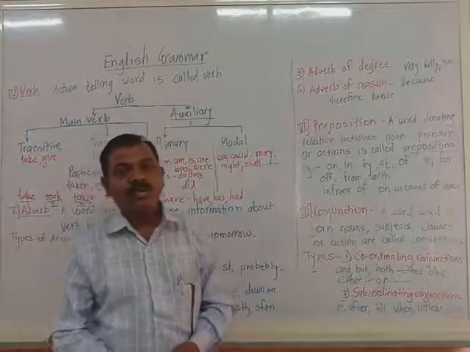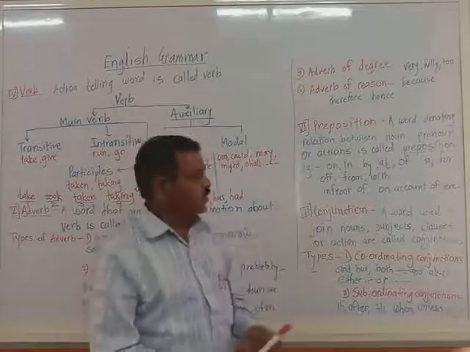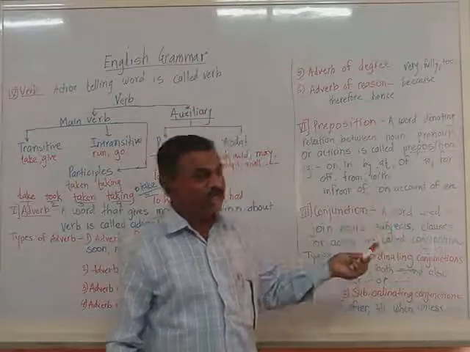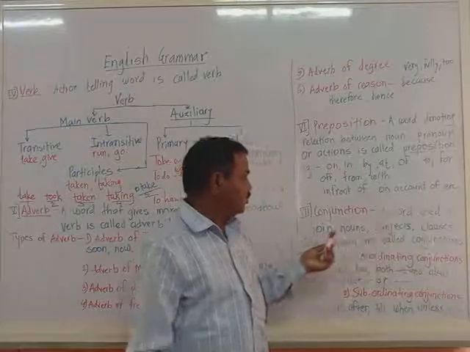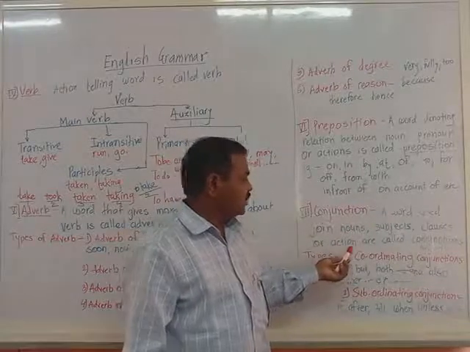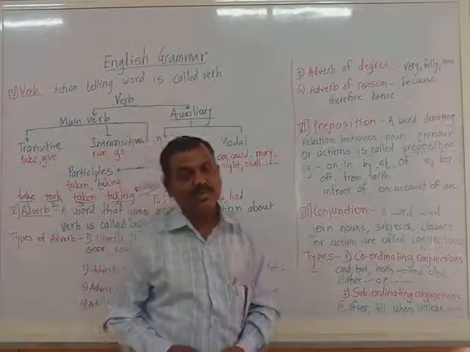And then conjunctions. When we make long, lengthy sentences, to join two sentences, two words, two subjects, a word used to join nouns, subjects, clauses or actions is called a conjunction. So conjunctions are very important.